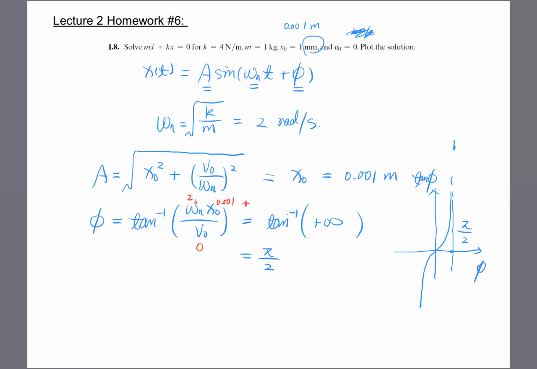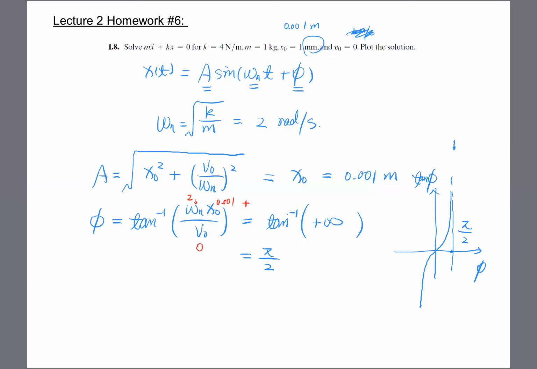But what I would like to suggest is that in this question, I'm giving you the parameters and you draw the plot. There is another homework, which is homework 4 in lecture 2. In homework 4, we're actually doing the opposite.